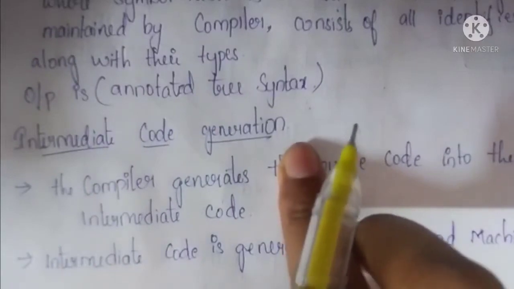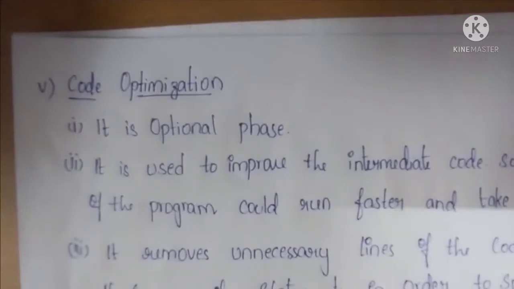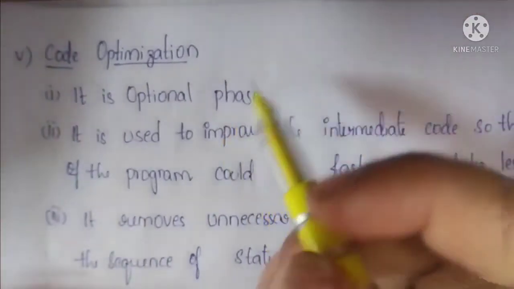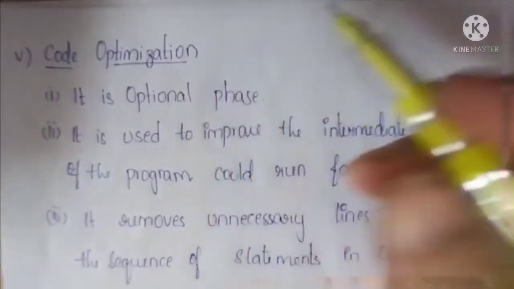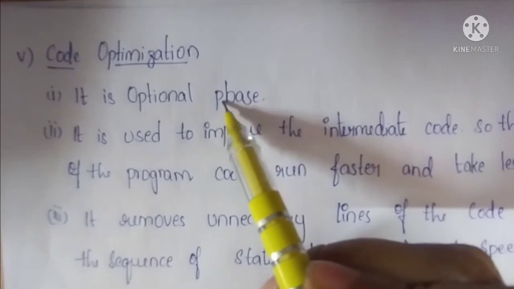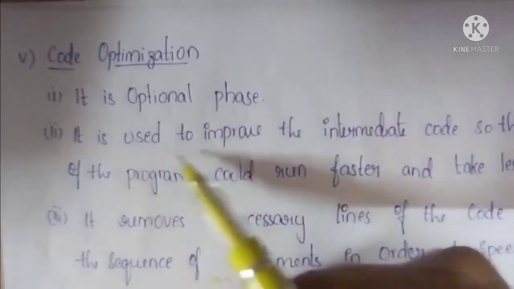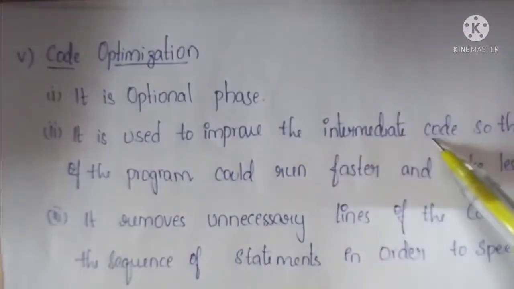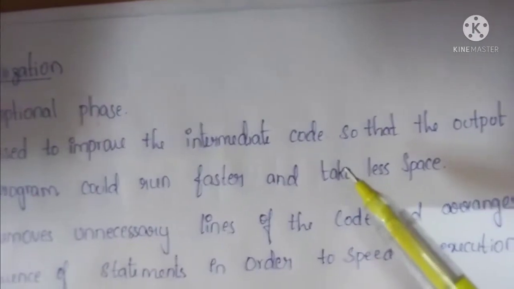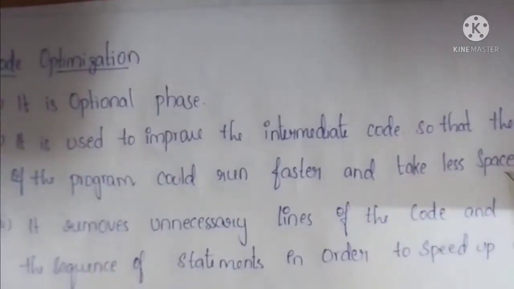Next, the fifth phase of compilation is code optimization. This is an optional phase; we can use this phase or we can also skip it. It is used to improve the intermediate code so that the output of the program could run faster and take less space.